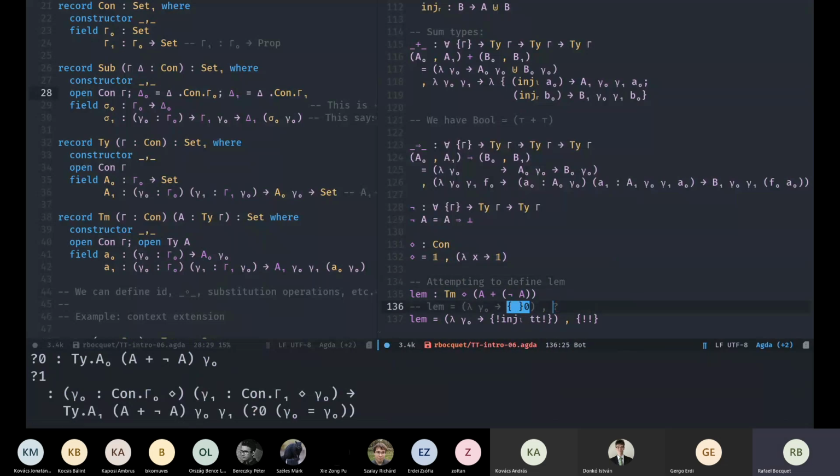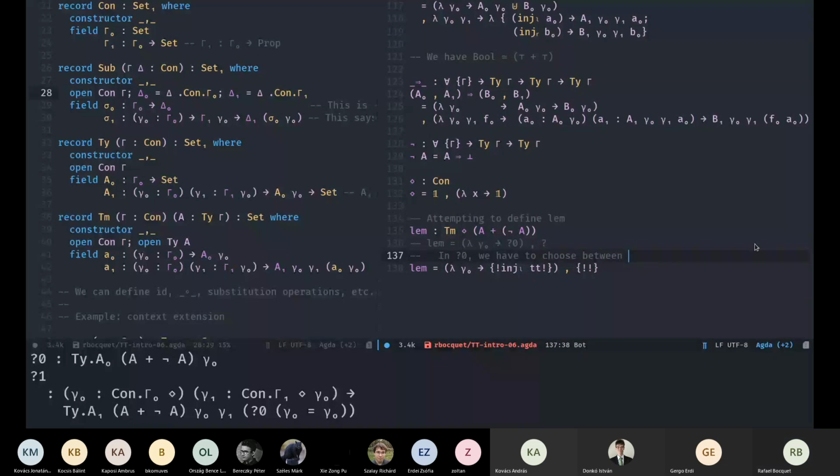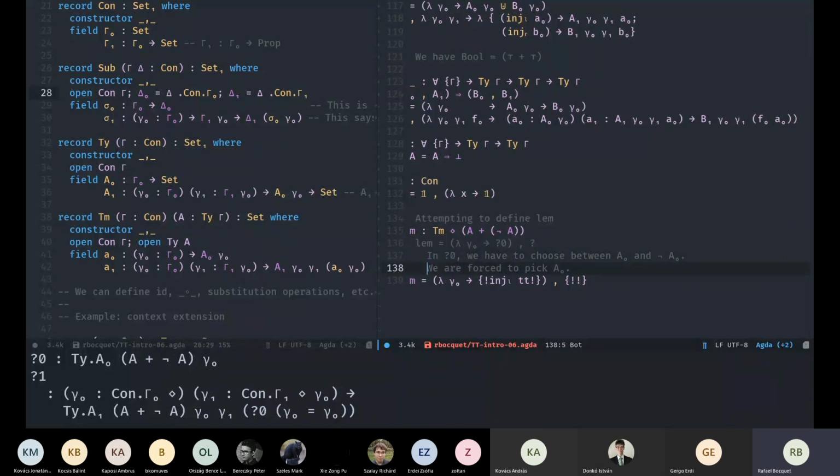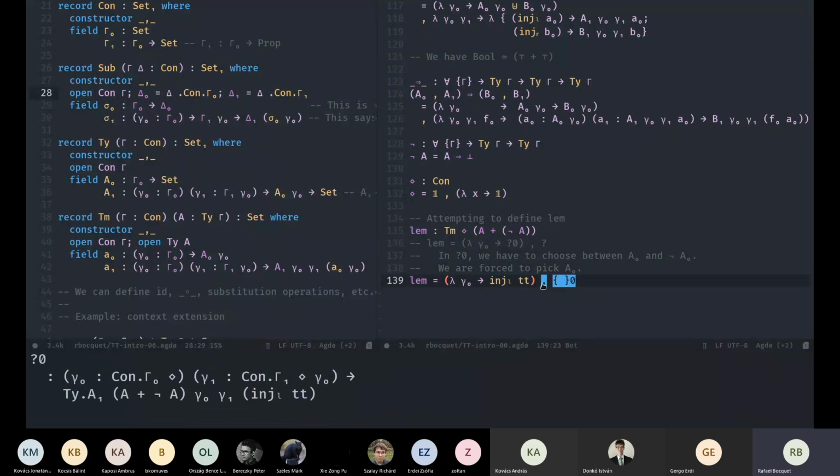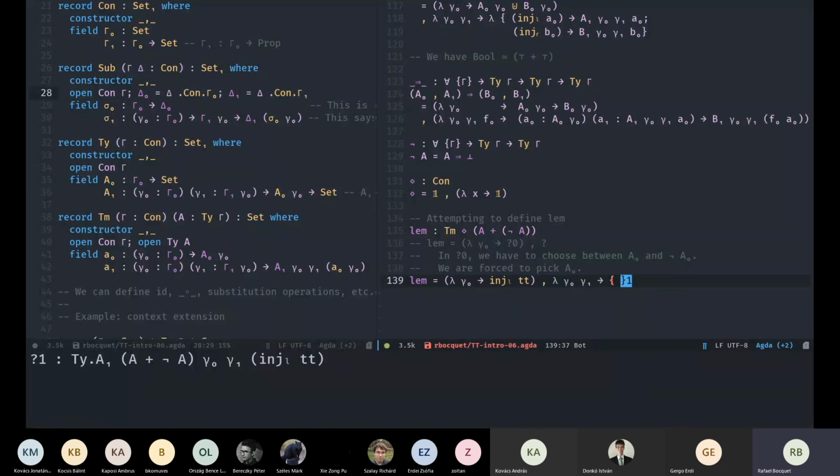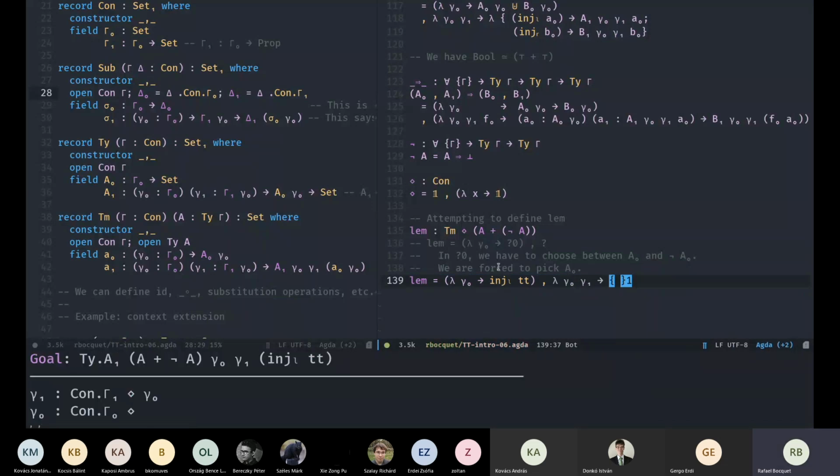Okay. So there we have no choice. And then what we need to do on the second level, if I normalize this, is prove that the empty type is inhabited.